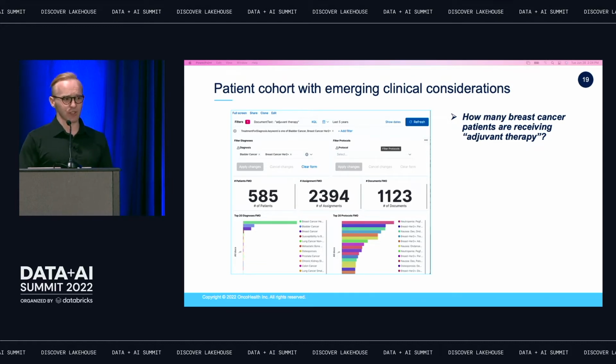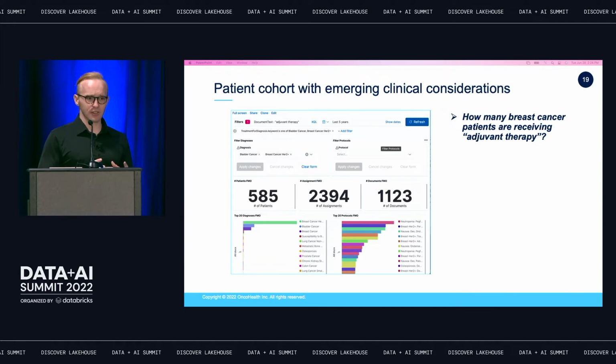We want to search through all their associated documents right away, and see for which of them there's a discussion of adjuvant therapy being applied. As you can imagine, we can filter for a particular protocol as well, or include other discussions that we would like. In this case, it was about 10,000 documents prior for all these patients, and we identify which documents have a mention of adjuvant therapy, because it's an important concept that we now want to capture.